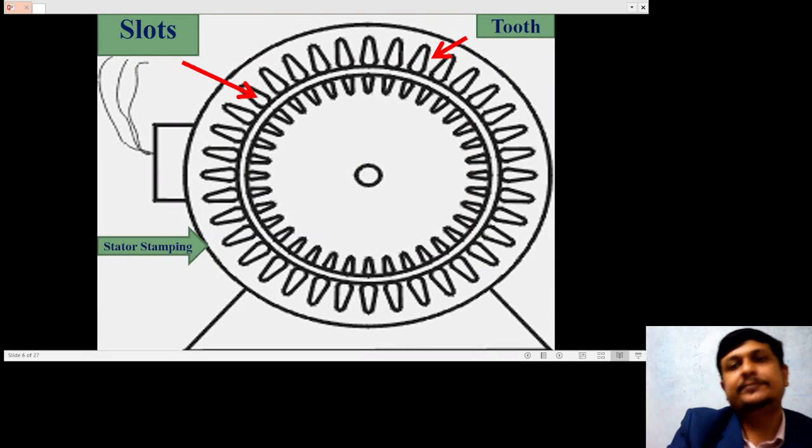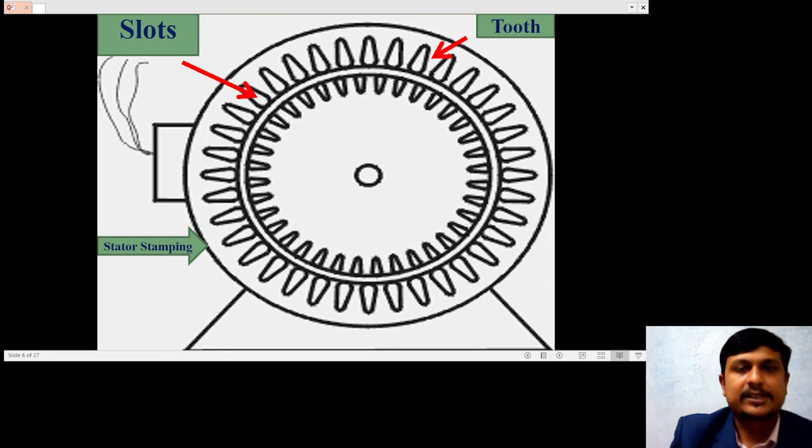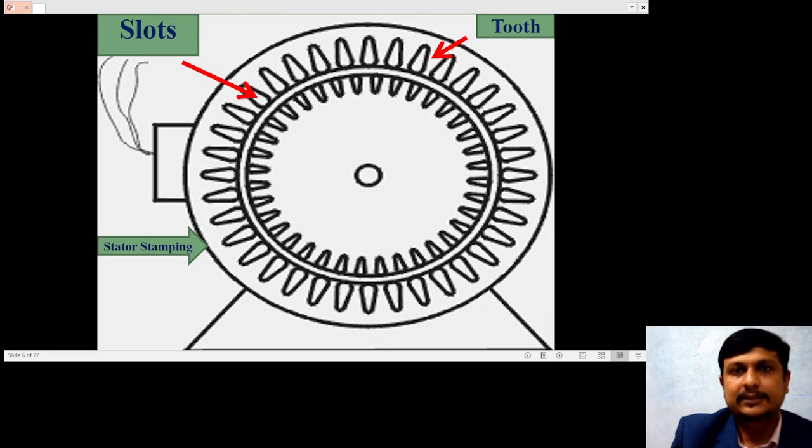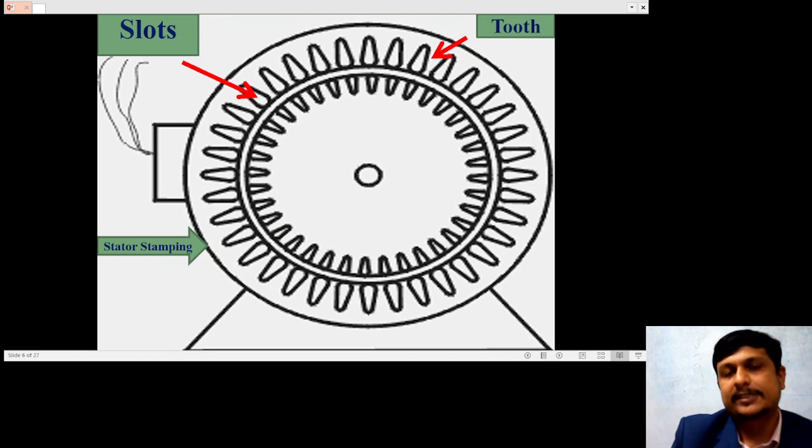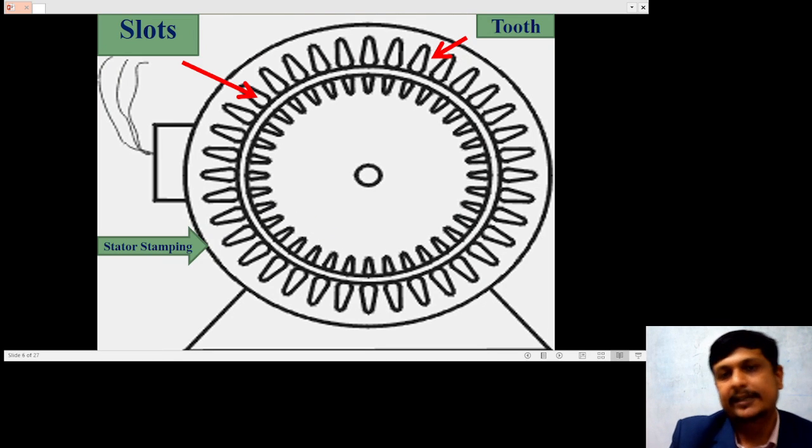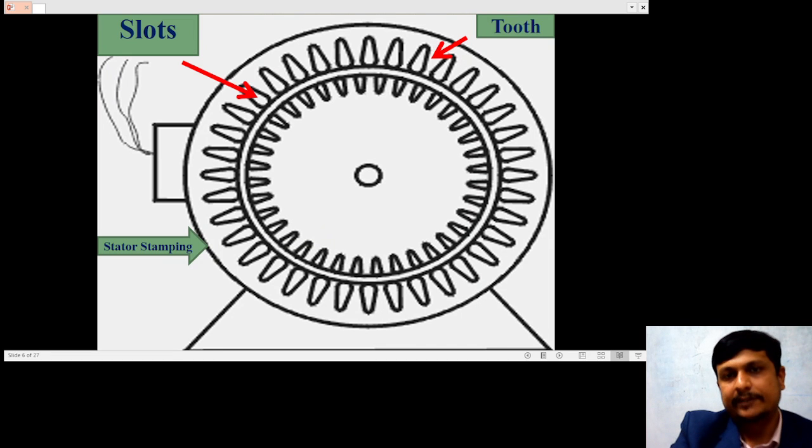Yes, the stator. You can observe this diagram for the construction of the stator. There is a slotted structure, a slot and teeth type of structure, where your three-phase winding is placed.